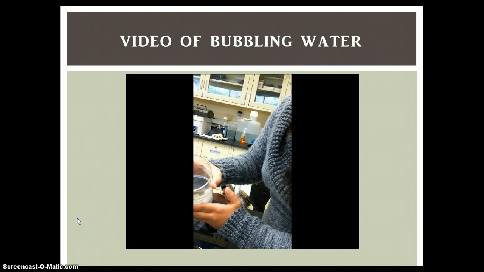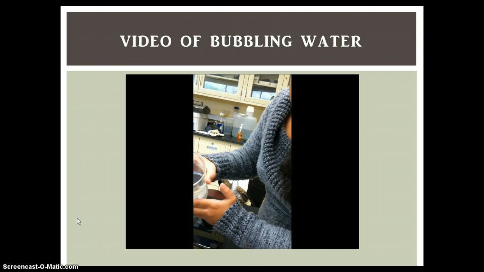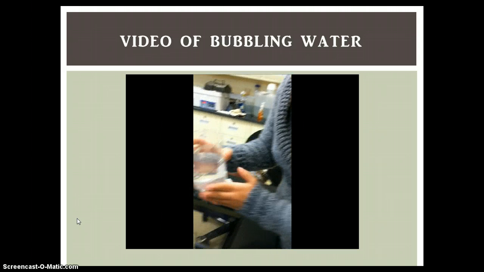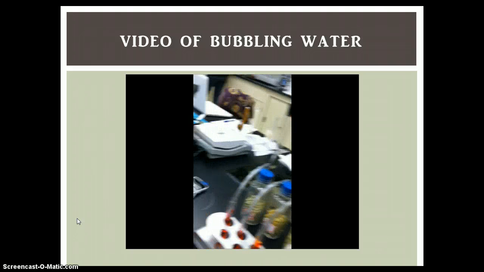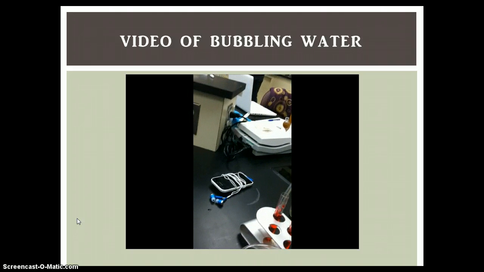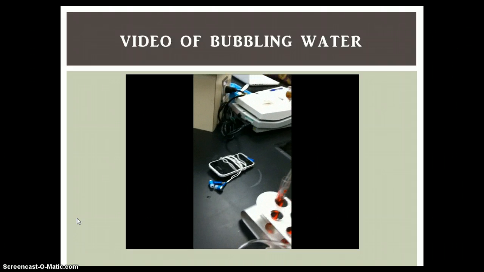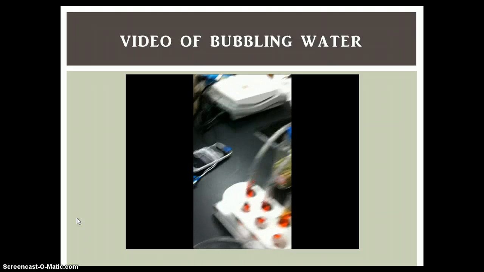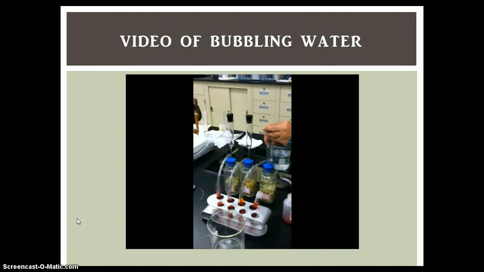As mentioned before, carbon dioxide is difficult to measure, so we bubbled it with water to produce carbonic acid to help us measure how much carbon dioxide was produced. You can see the procedure here being done in the video. In the 3 test tubes that were previously filled with water, we added the phenol red solution.